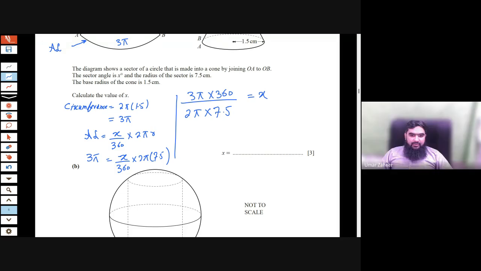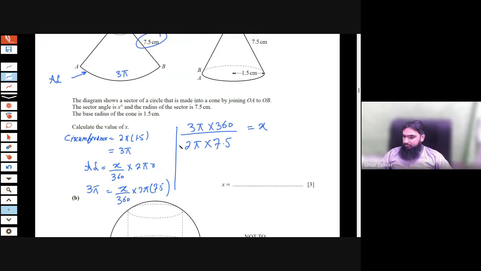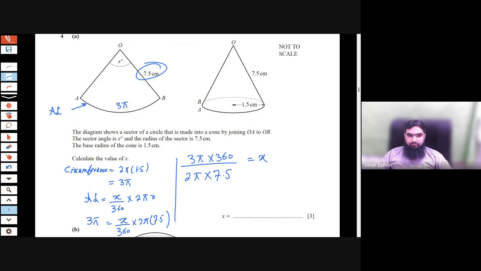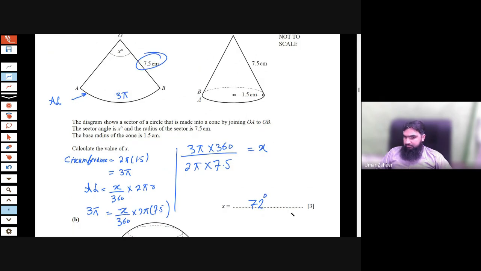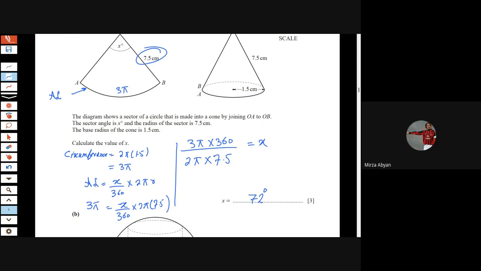Yes, find the value. 72. So we are going to get 72 degrees. Any other one, please confirm the answer. Yes, sir. All right.